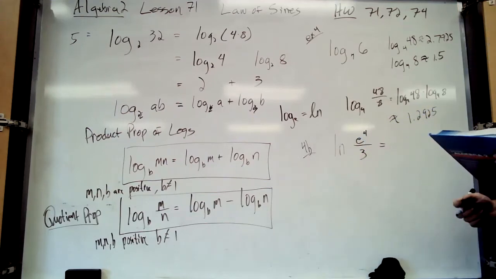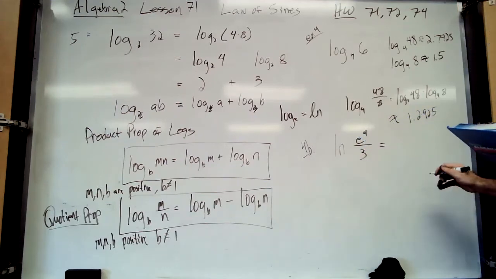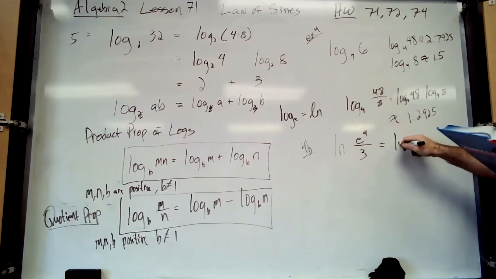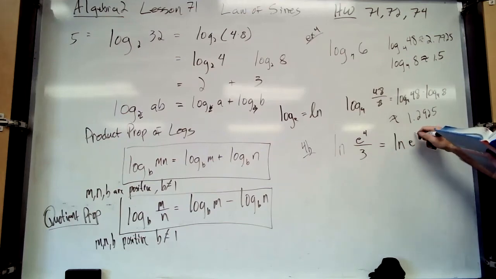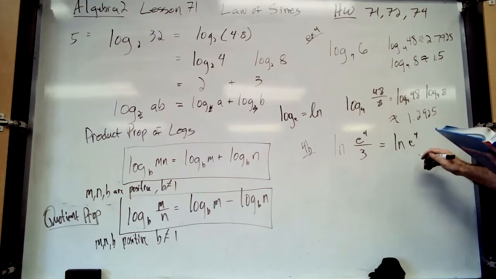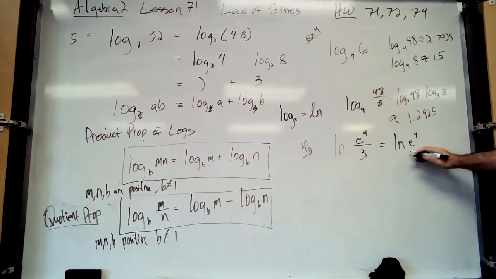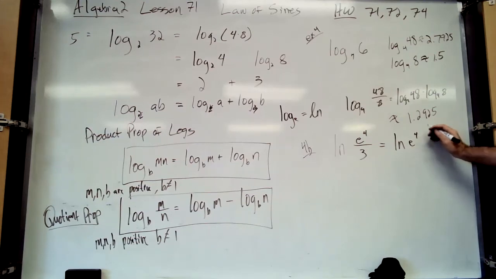Well, that's going to be natural log of e to the 4th, which kind of makes sense because we can use the inverse property, because remember, natural log is just log base e. So what exponent do you apply to e to get e to the 4th? 4. Okay, and then minus natural log of 3, right?